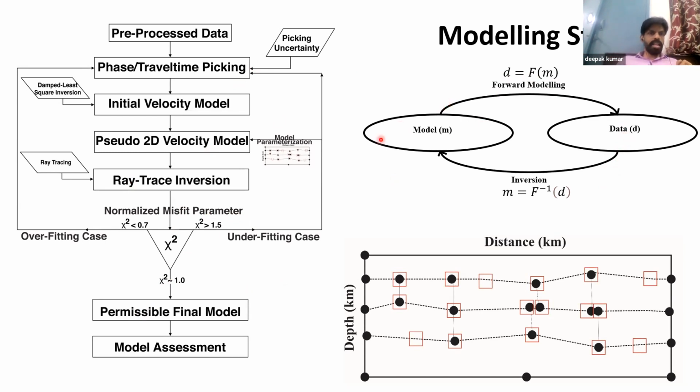So what I'll do is start with the phase picking, then make a model and generate the rays through it, and see if my generated rays match my picked phases or not. If not, I'll change the model to fit the synthetic response with the data. So first I did inversion, and now I'm changing the model to match my data.